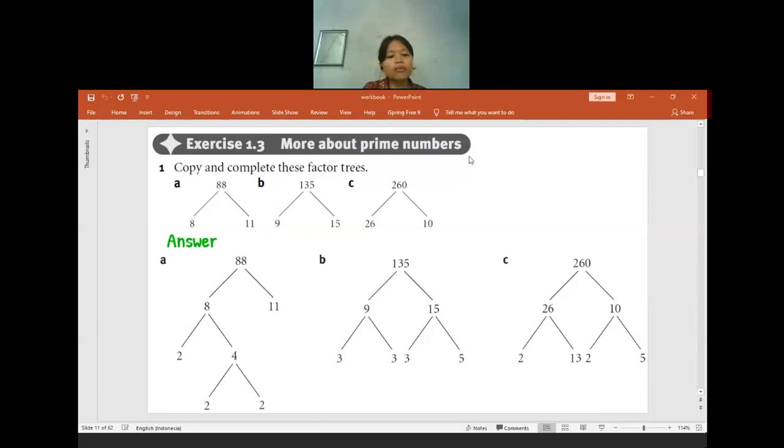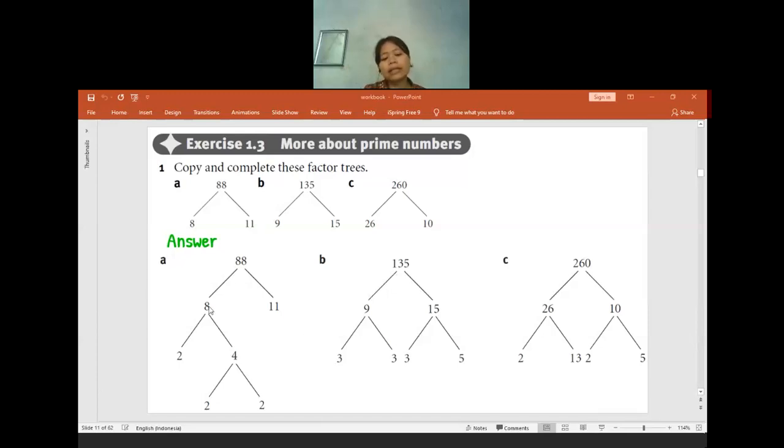For number 1, we already have the factor tree started. We have to complete it. In case you forget how to make a factor tree, the branches are only made at a composite number, a non-prime number. 11 is a prime number, so I do not have to make any branches at 11.